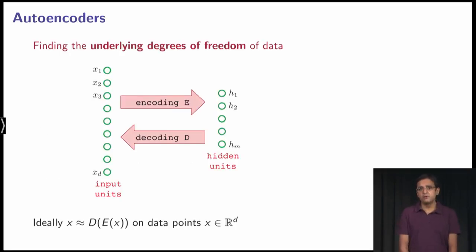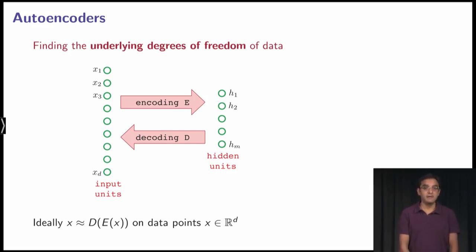So an autoencoder, in a nutshell, is something that brings out some of the underlying degrees of freedom of data. It produces a representation of data that brings out some of these degrees of freedom. And a generic autoencoder is shown over here pictorially.